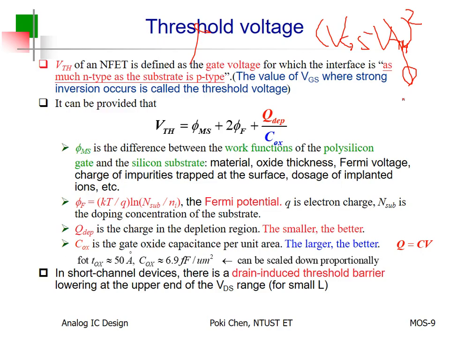But how do we make the threshold voltage as small as possible? According to solid-state physics, quantum physics, I show you this. This is according to the Fermi level, and this is some kind of work function. Forget about it for now. I would like to explain this.